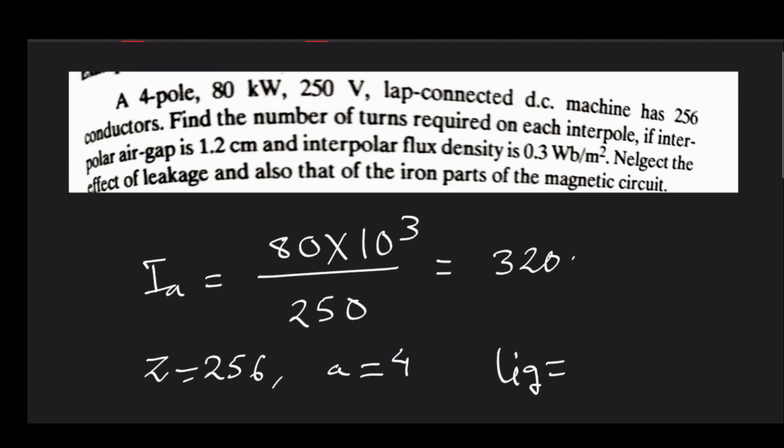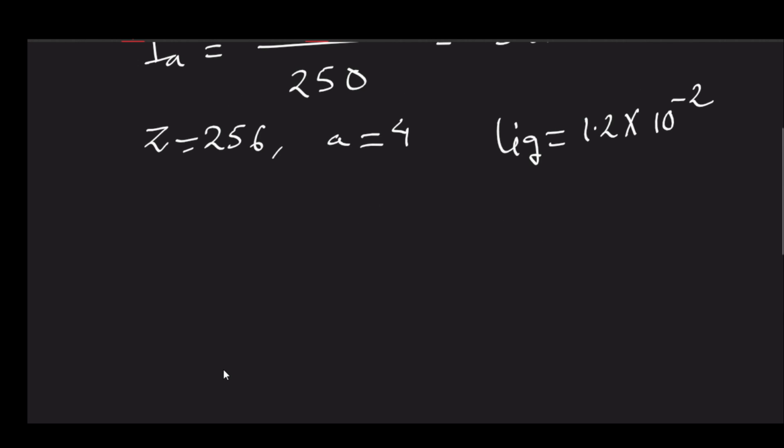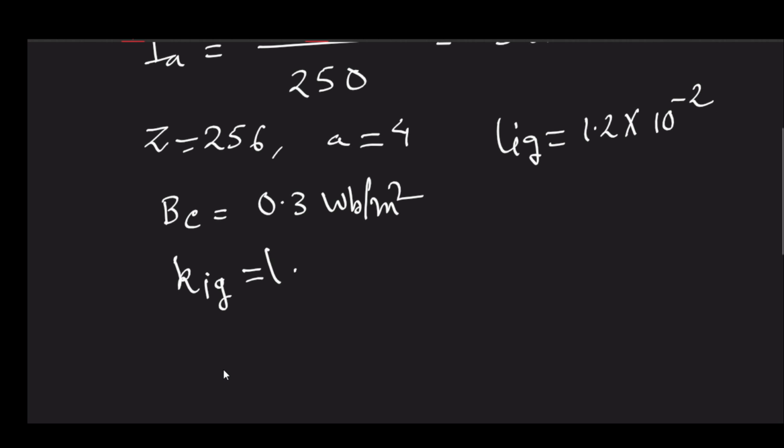Interpolar air gap lig is 1.2 into 10 to the power minus 2. Interpolar flux density is equal to 0.3 Weber per meter square. Gap factor we have to assume 1 if nothing is specified.